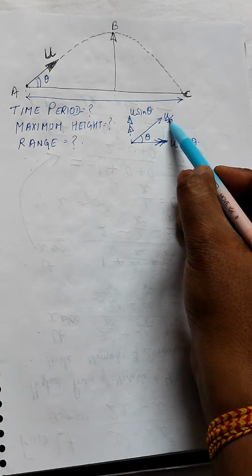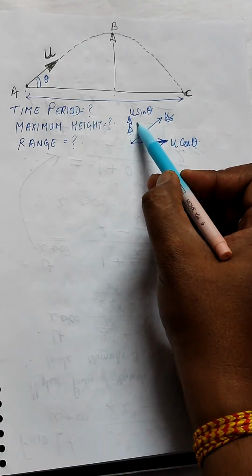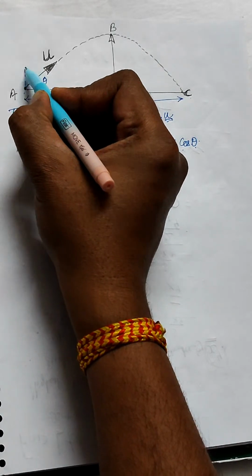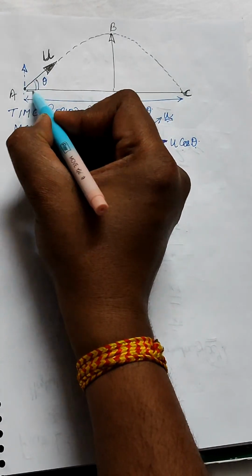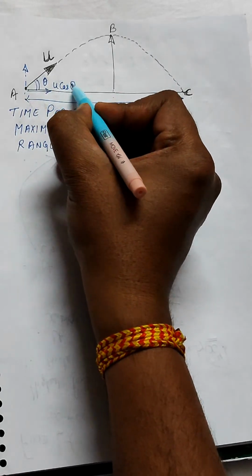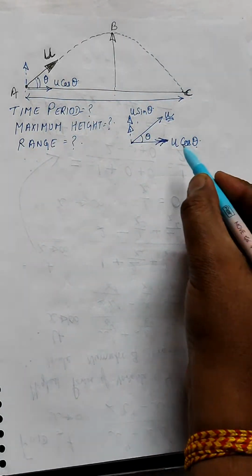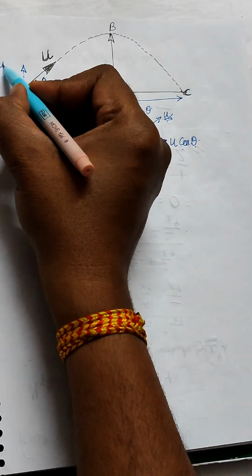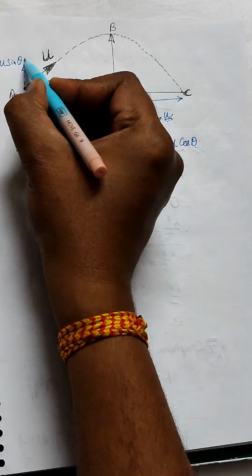So u is broken into two parts, u cos theta and u sin theta. This is u cos theta here, and here it's u sin theta.